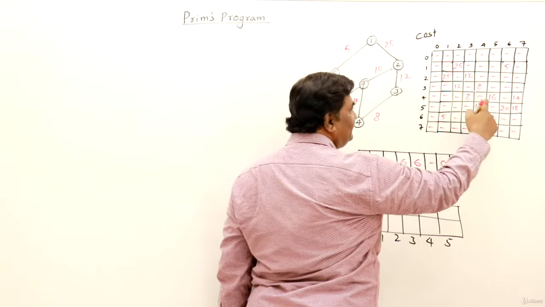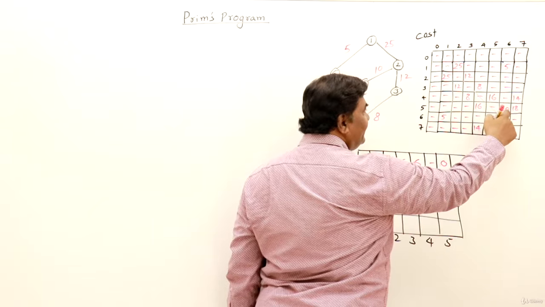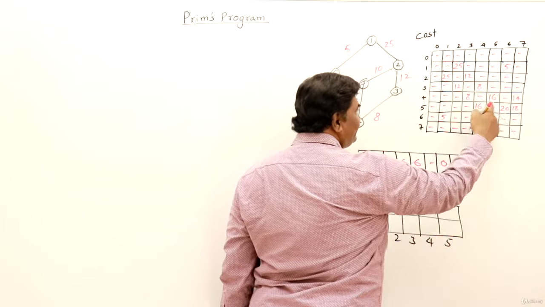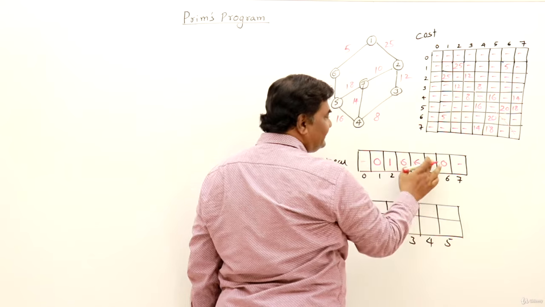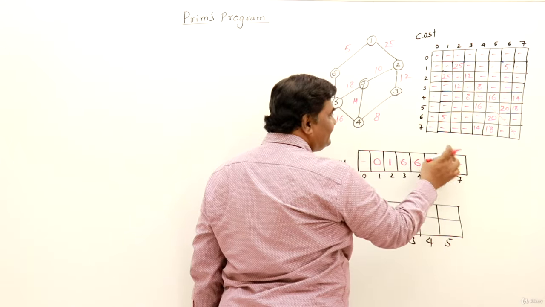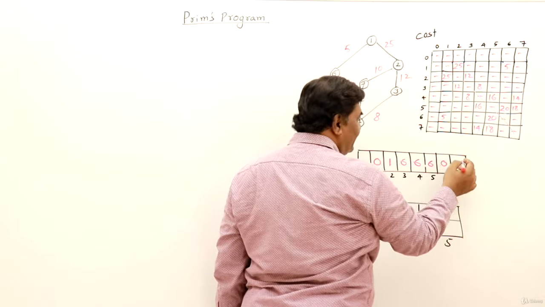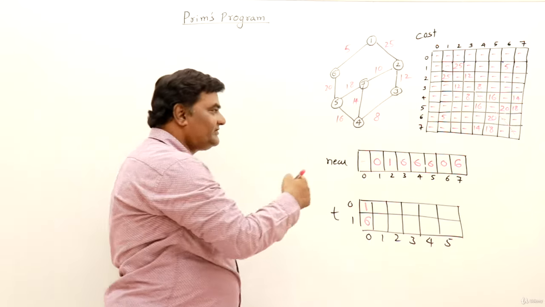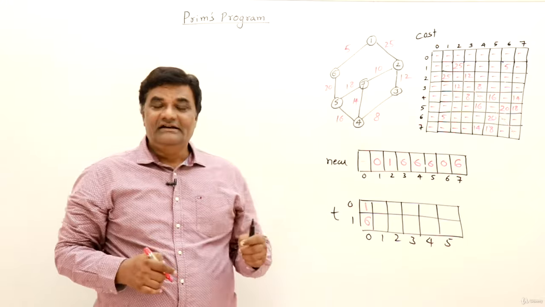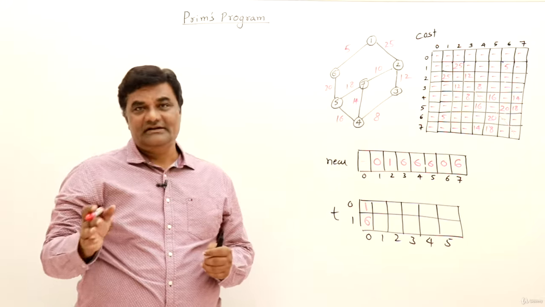Then 5 to 1 is infinity, 5 to 6 is 20. 5 is nearer to 6, so write 6 here. Then 7 to 1, 7 to 6, both are infinity, so write 6 here. So this shows that the rest of the vertices are either nearer to 1 or nearer to 6.